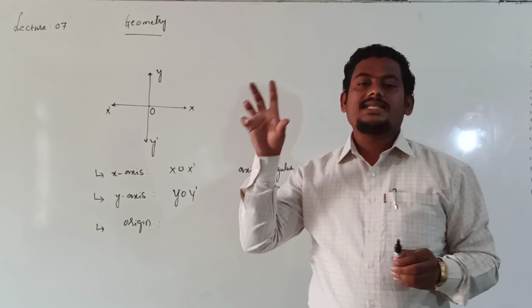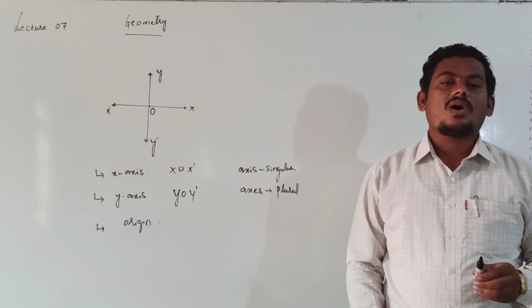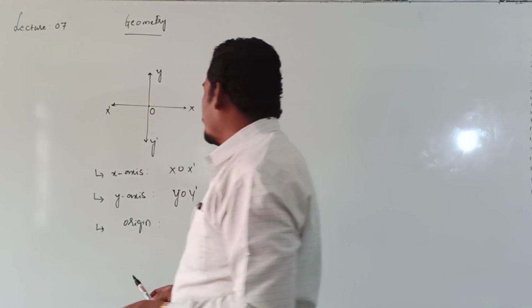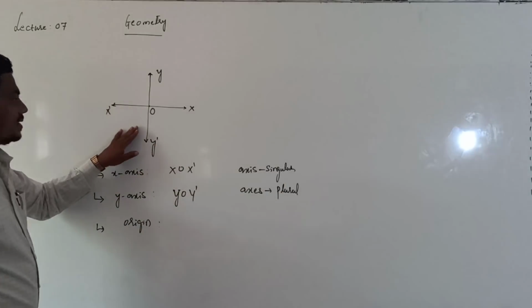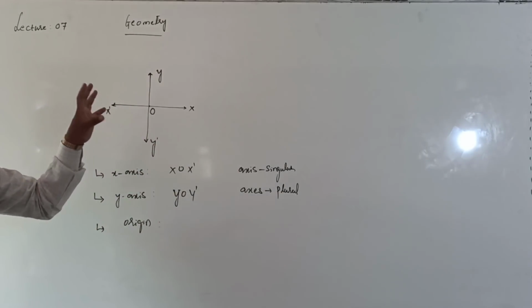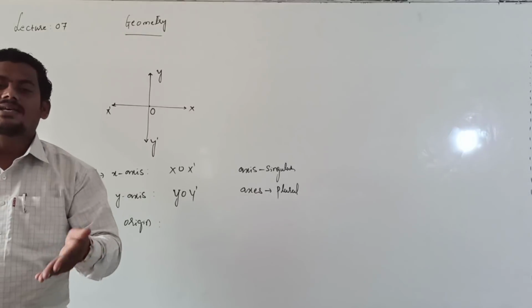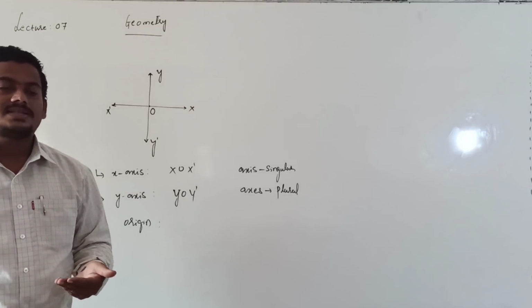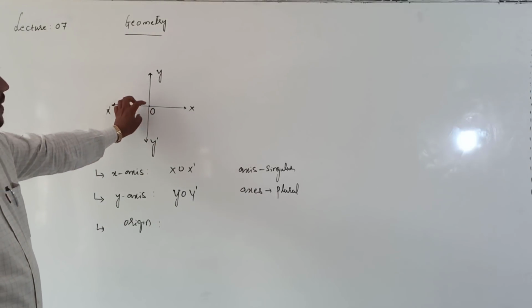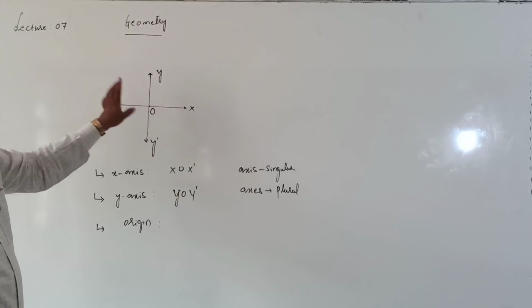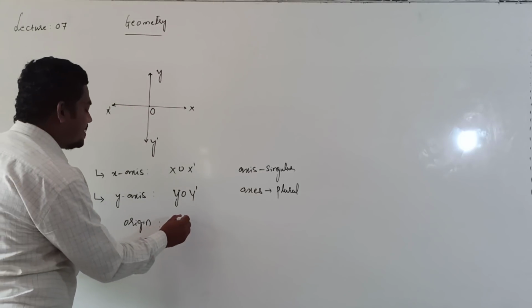X-axis and y-axis together is known as coordinate axis. Then definition of origin. The point of intersection of x-axis and y-axis is known as origin.